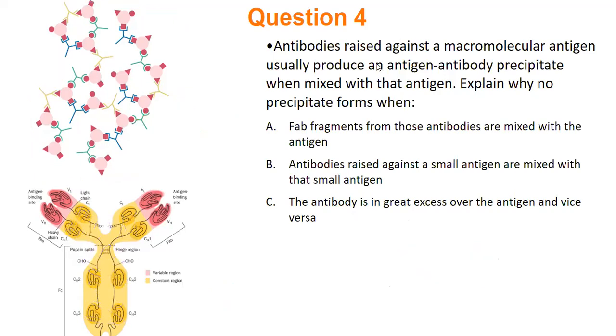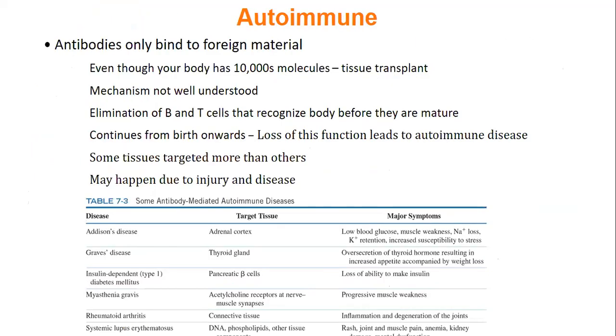The last thing I want to talk about in this slide briefly is the autoimmune diseases. I'm sure if you've heard about these, the most common one being arthritis, which attacks your connective tissue. Your antibodies are supposed to only bind to foreign material.